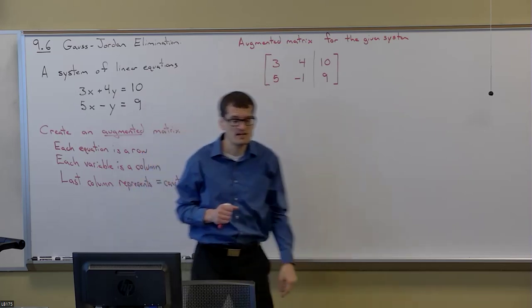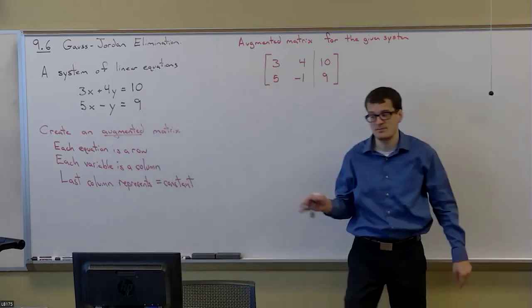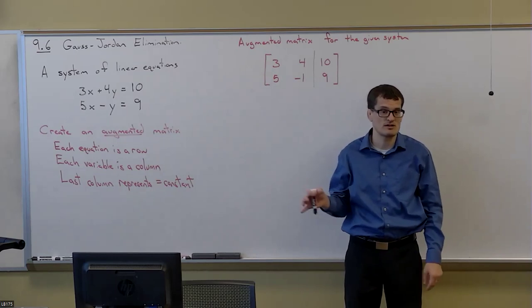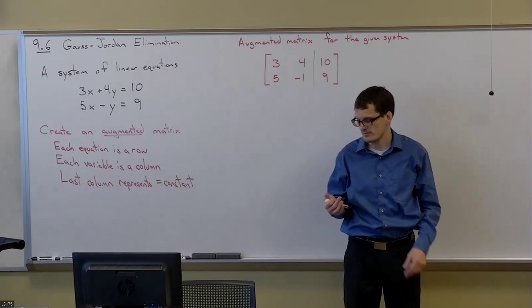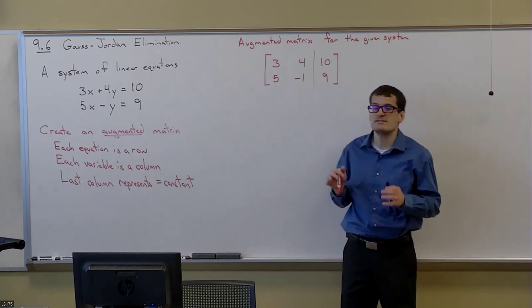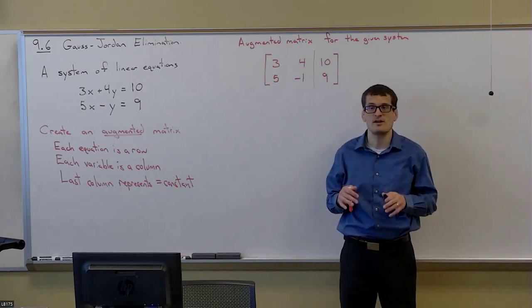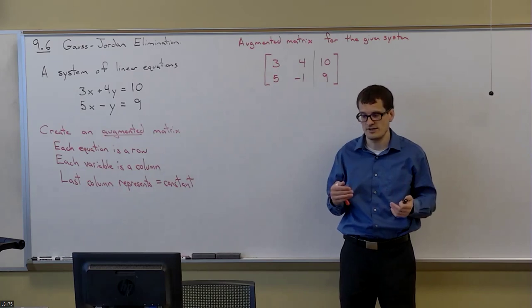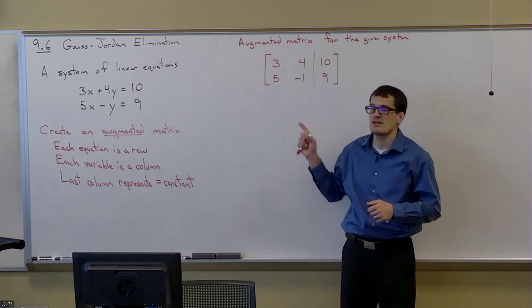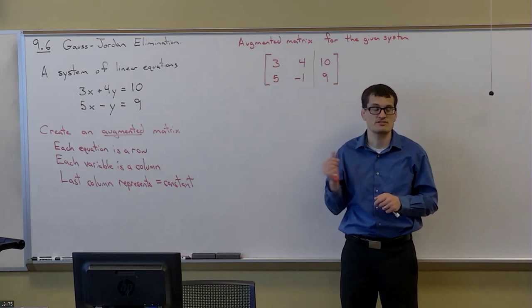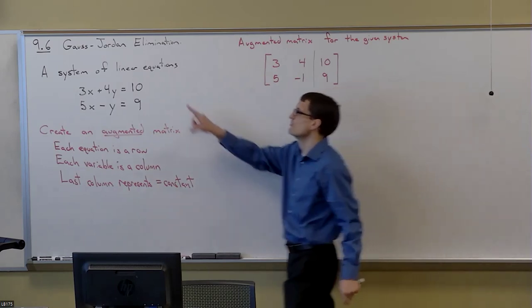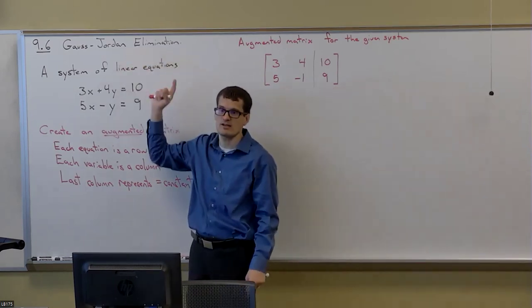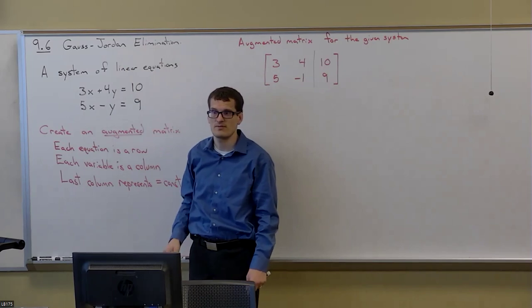And I'm not going to go through that process by hand because our calculator will do it for us, right? Instead, I'm going to say we're going to use technology to put this augmented matrix into what's called row-reduced echelon form. And the process you use to do that is Gauss-Jordan elimination, right?